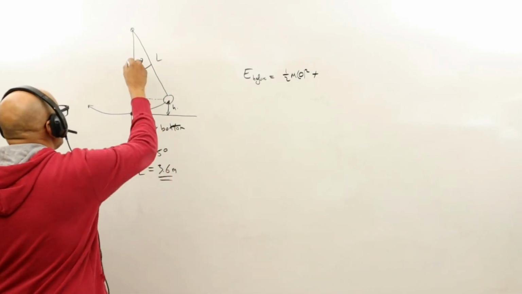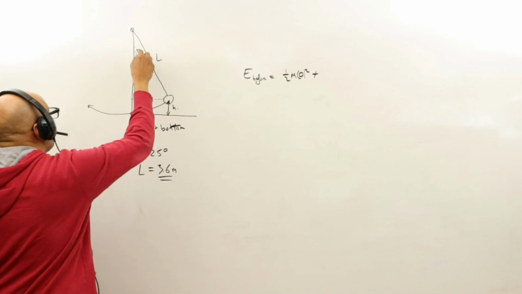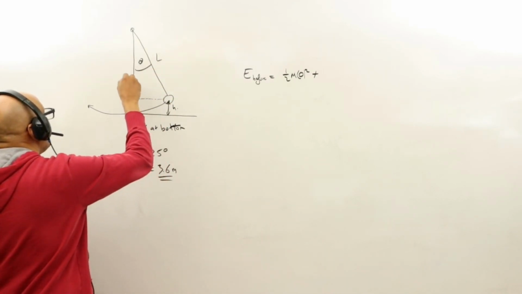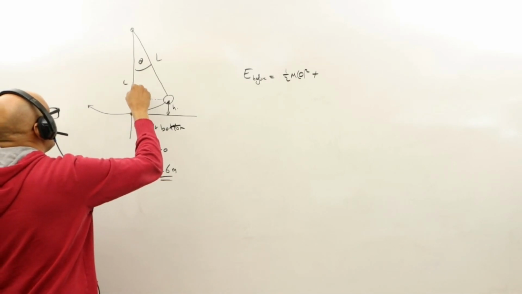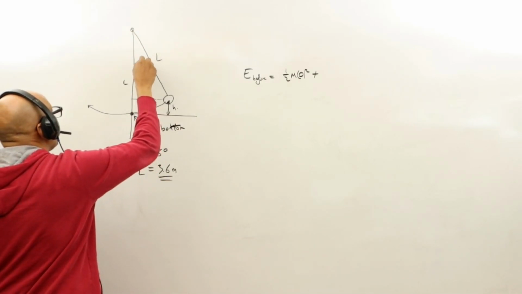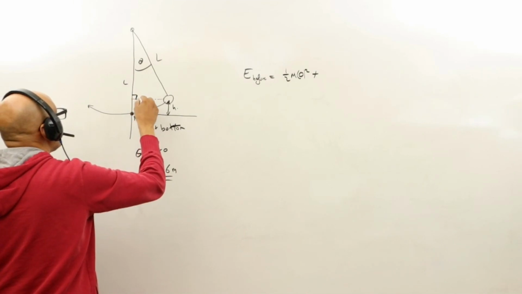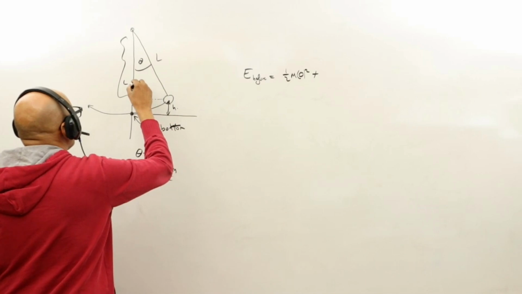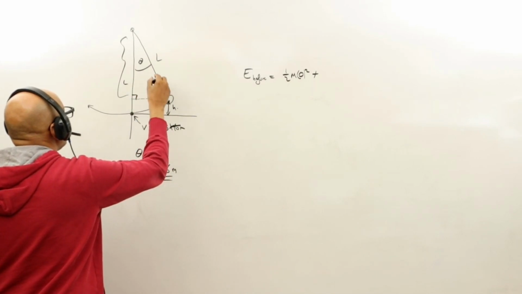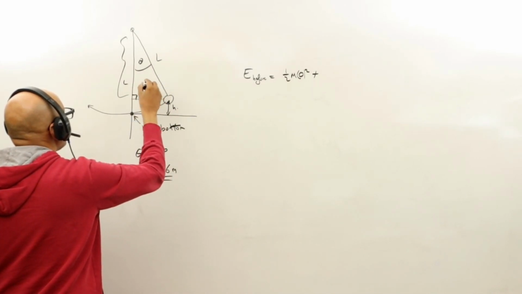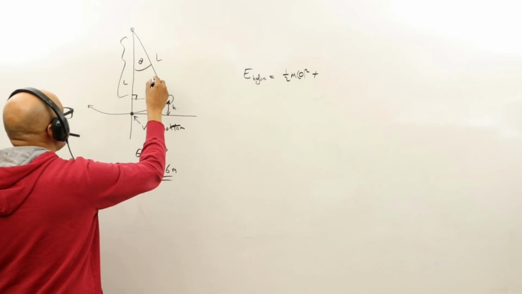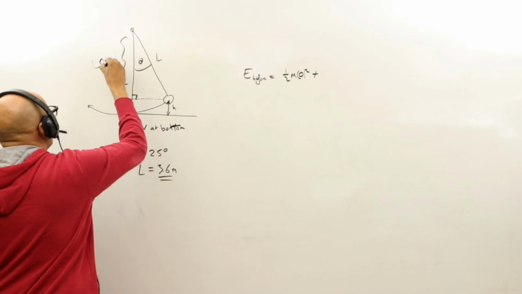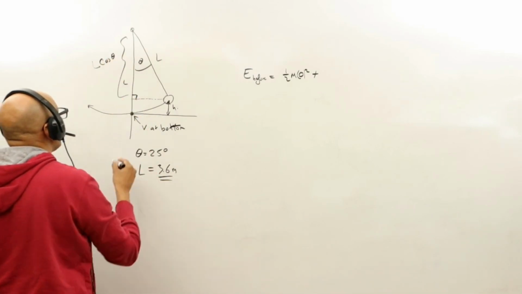It's a pendulum, so it's circular motion along an arc, and we know this length is L. This triangle tells us that the ratio of the adjacent side to the hypotenuse is cosine. So this length is L cosine of theta.